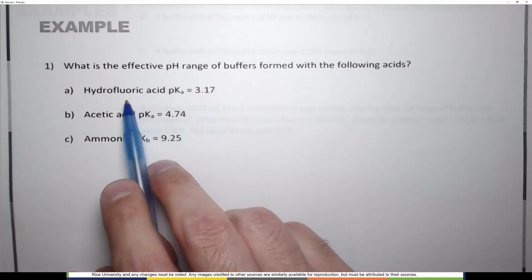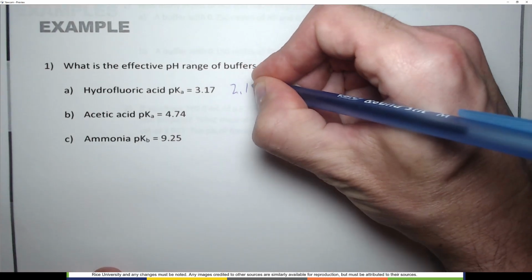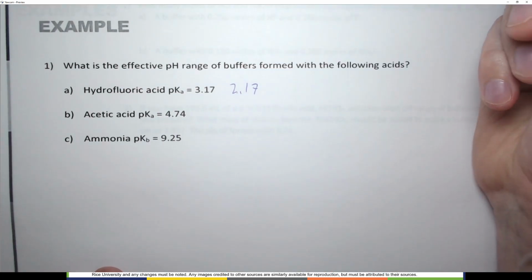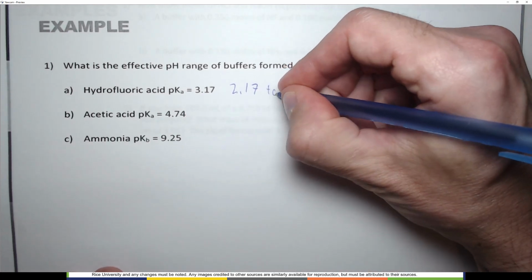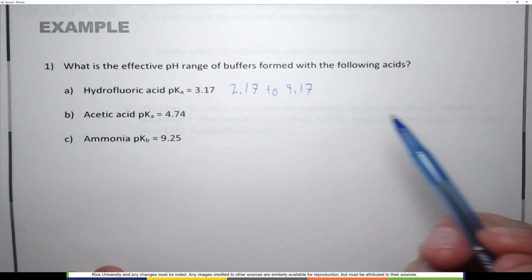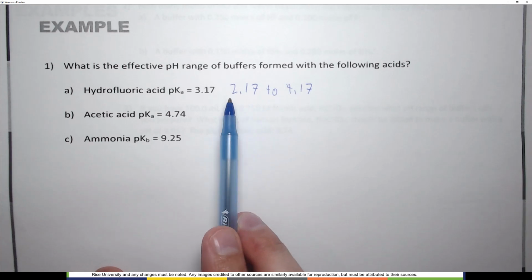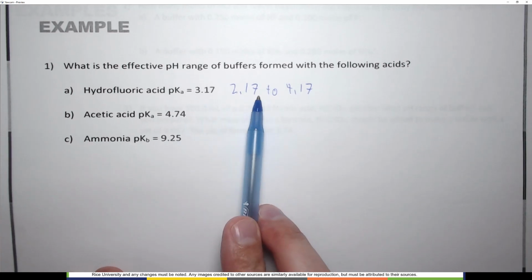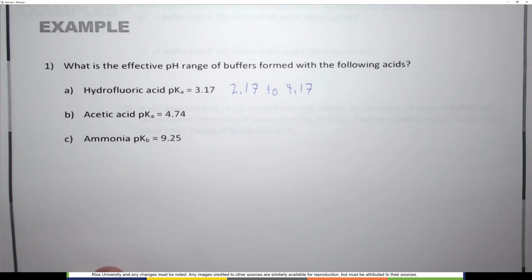So if the pKa of hydrofluoric acid is 3.17, we could make the pH down to 2.17 when we have 10 times more acid, up to 4.17 when we have 10 times more base. So essentially, we go from -1 when we have more acid, so 3.17 becomes 2.17, to +1, which is 4.17, when we have 10 times more base.